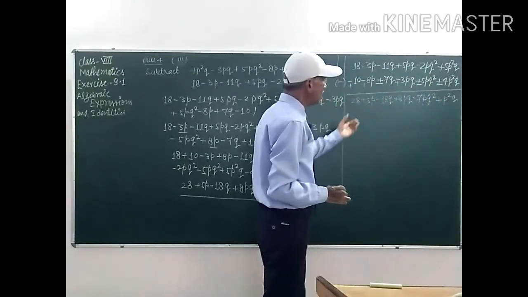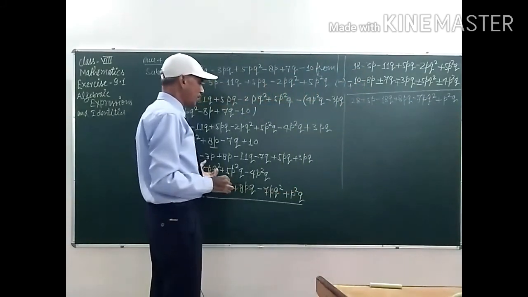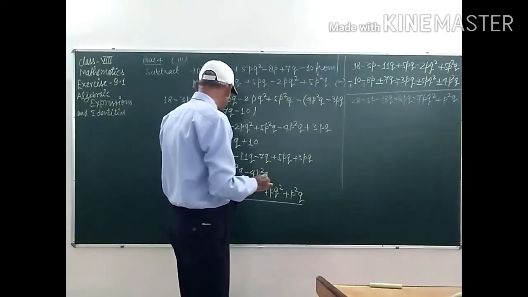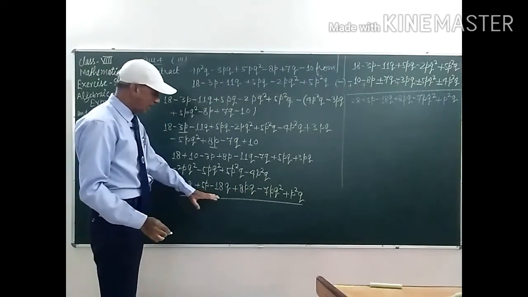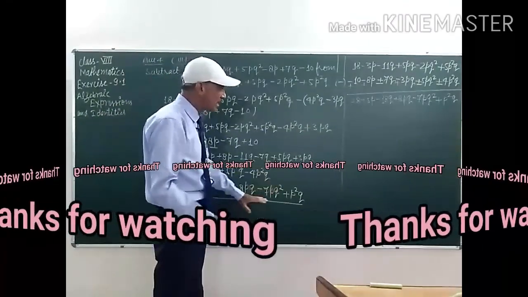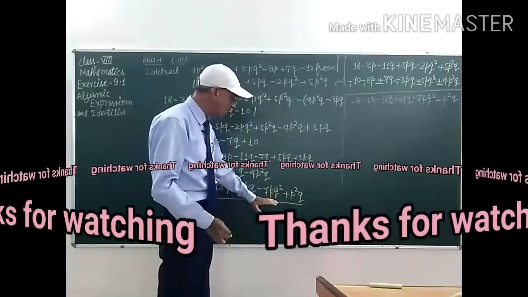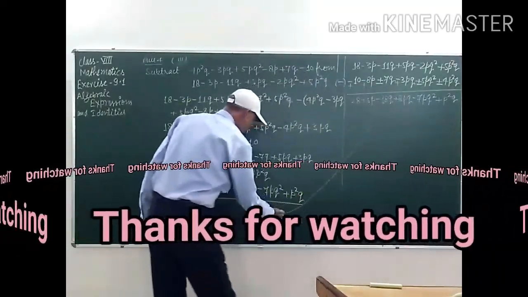So this one is the vertical method and the other one is the horizontal method, and the answer is 28 plus 5p minus 18q plus 8pq minus 7pq square plus p square q. So the answer is the same, students.